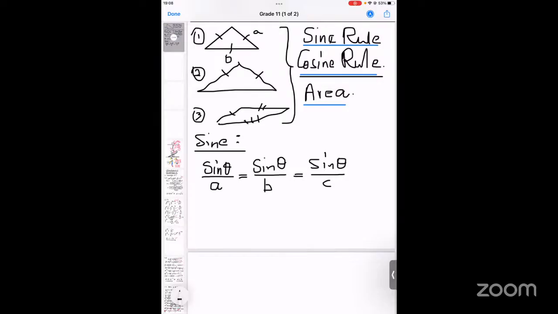So that would be side A, side B, side C. It doesn't matter if you regard this as side A, this as B, that is C, or this is A, that is B, that is C. You just need to know that you've got those three sides, namely side A, B, and C. Most importantly, honorable members, this formula is still correct even if you rewrite it in this way: A over sine of an angle equals B over sine of an angle equals C over sine of an angle. It is still correct.